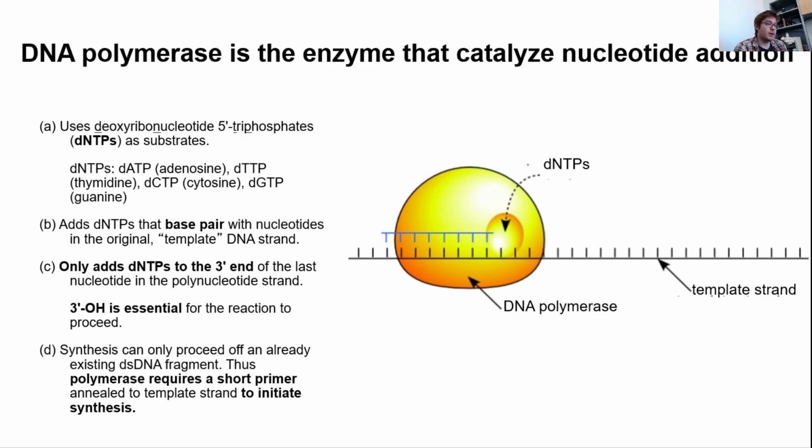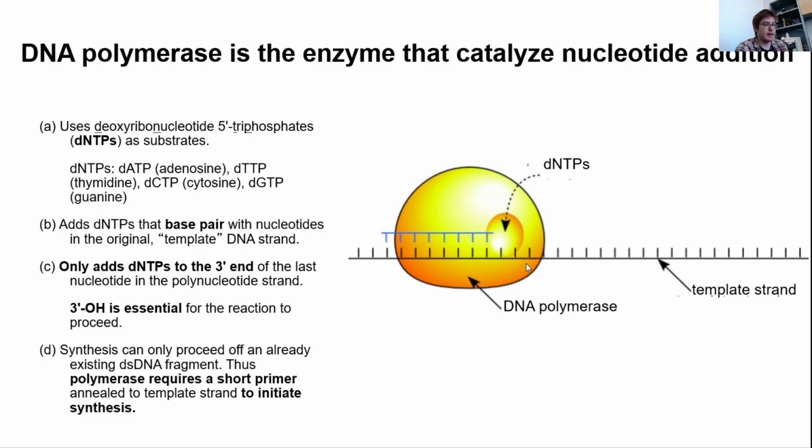And then finally, a really important thing to know as well is that these enzymes can only perform synthesis. The synthesis can only proceed off of an already existing double-stranded DNA fragment. That is, if you look at this picture here, the polymerase is going to be happy to add a nucleotide because there's already this stretch of double-stranded DNA that's formed between the template and the synthesis strand.